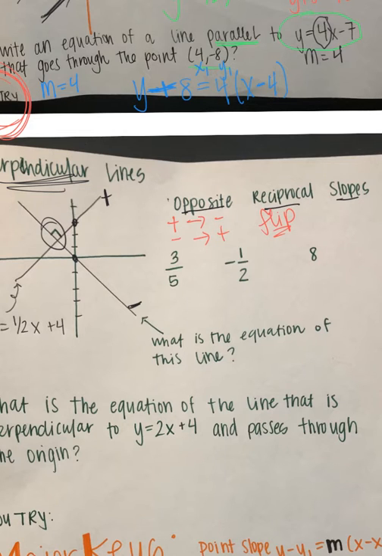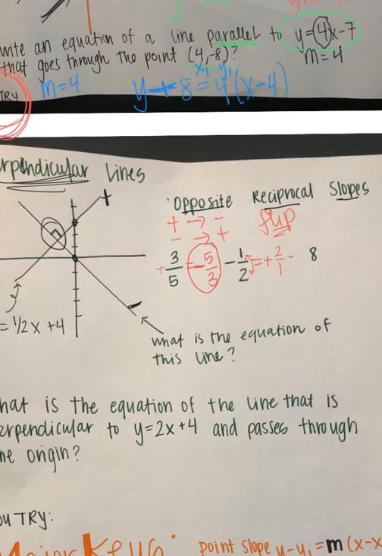So let's find some opposite reciprocals here. 3/5. So the opposite, right now this is positive, would be negative, and when I flip it, it becomes -5/3. Okay, let's look at this one. -1/2. The opposite of negative is positive. When I flip 1/2, it becomes 2/1.